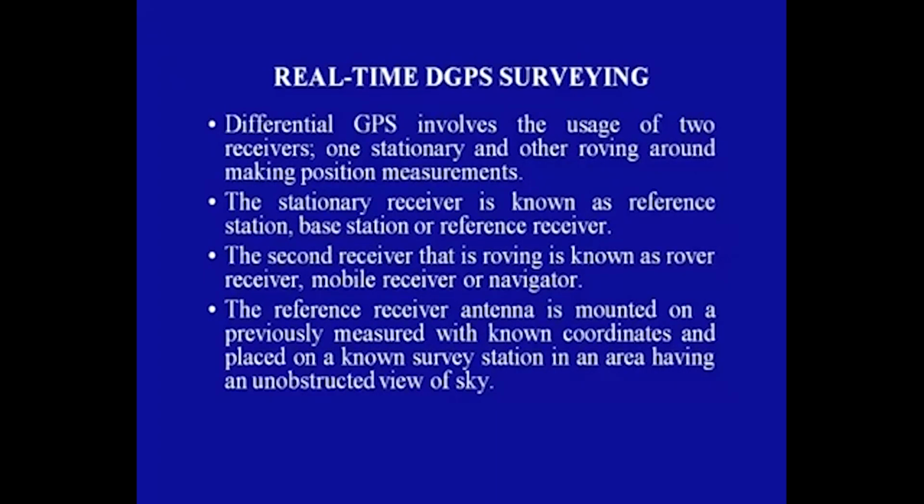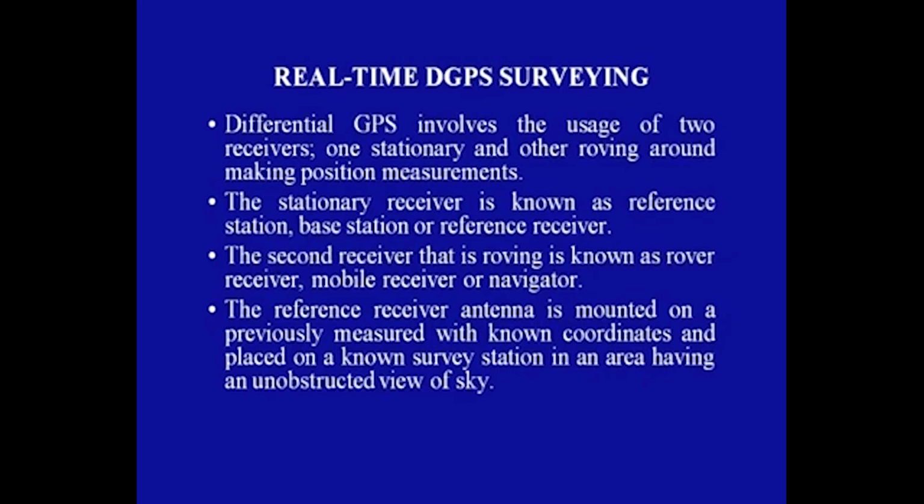Differential GPS involves the usage of two receivers, one stationary and the other roving around making position measurements. The stationary receiver is known as reference station or base station or reference receiver. The second receiver, that is roving, is known as rover receiver or mobile receiver or navigator.